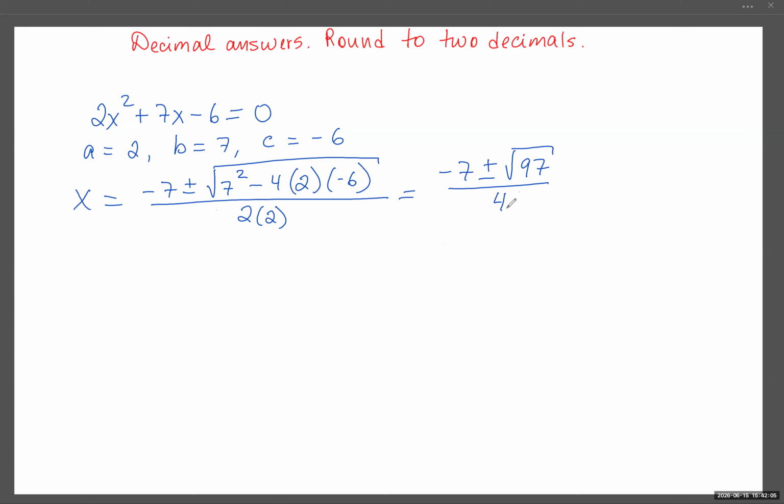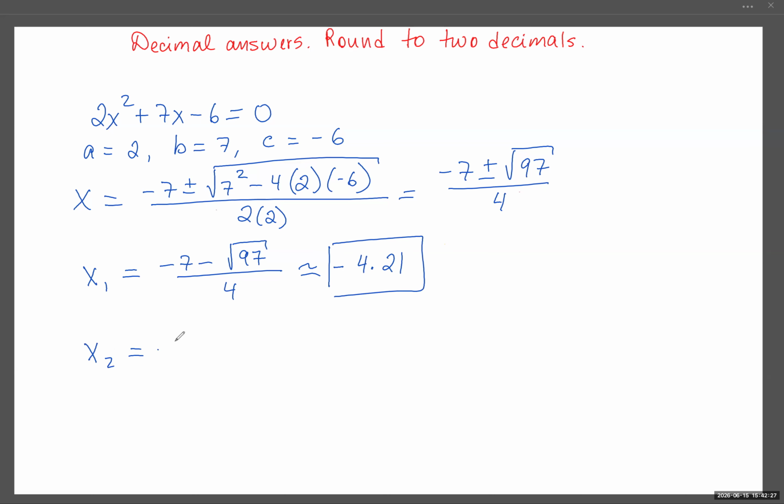Now, since we're approximating here, we need to split it into two different x's. x1 is -7 minus the square root of 97 divided by 4. We can put that into a calculator and get -4.21. And then x2 will be the same thing, but it's -7 plus square root of 97 divided by 4. That's the only thing that's different, is the sign in the middle. And that one is 0.71.